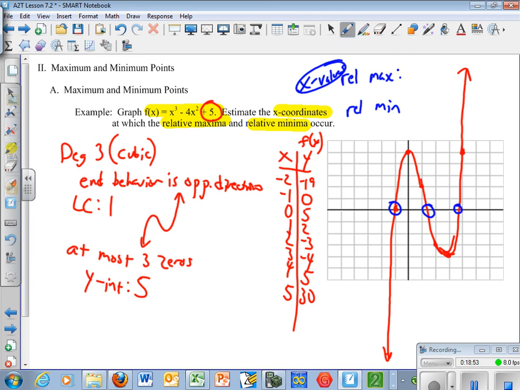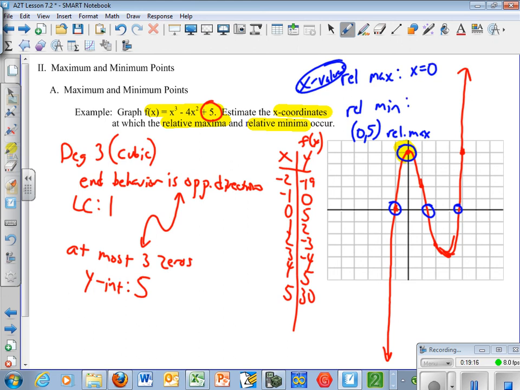So, here's the relative max, right here. So this is called a relative max. Now, the coordinate is 0, 5. Now, they want the x values, so the relative max occurs at x equals 0.